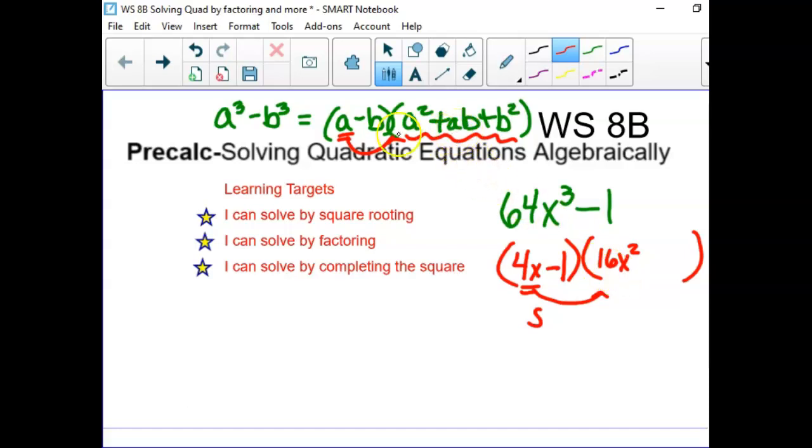In the middle, you do a times b. Well, this is our a and this is our b, so 4x times 1 is just 4x. Don't worry about the signs. There's a special rule for the signs. b squared, okay? b is 1, so 1 squared is 1. And the rule for the signs is it is the same in this parenthesis as what we started with, the opposite is the next sign, and the last sign is always positive.